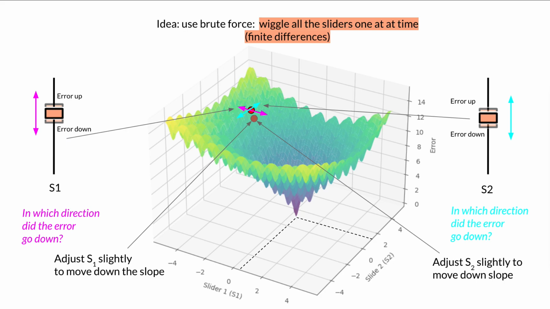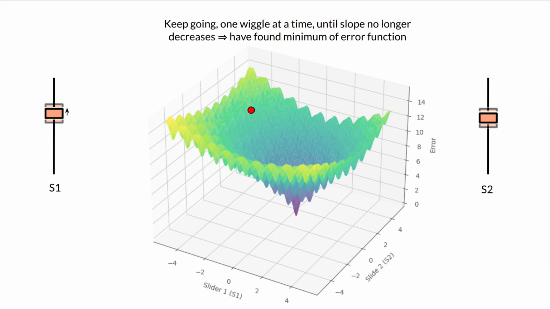And this method of wiggling each of the sliders a tiny amount and then seeing which direction the error went down is called finite differences. So we could keep going one wiggle at a time. Wiggle, update the sliders, wiggle again, update the sliders, keep going, until we hit a minimum.